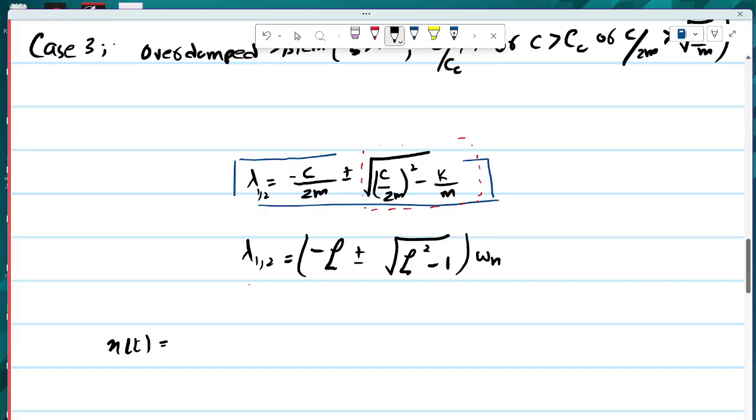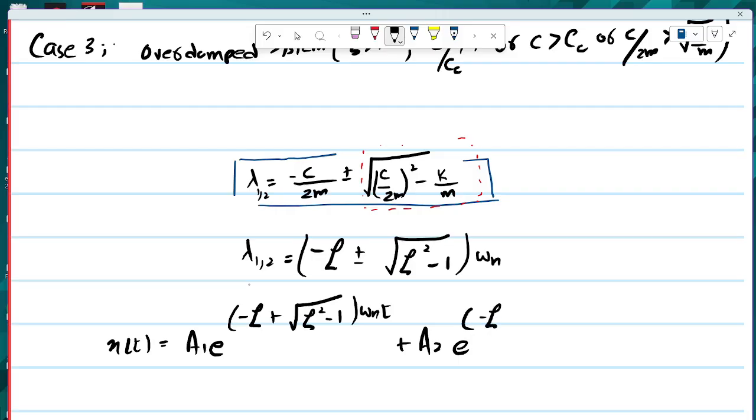That's a1 e to the power of (minus damping ratio plus under root damping ratio squared minus 1) times omega n t, plus a2 e to the power of (minus damping ratio minus under root damping ratio squared minus 1) omega n t. That's again the general solution of the overdamped system, and it does have its own significance.